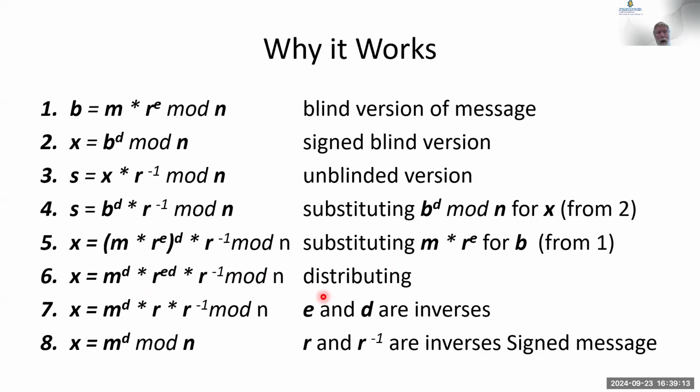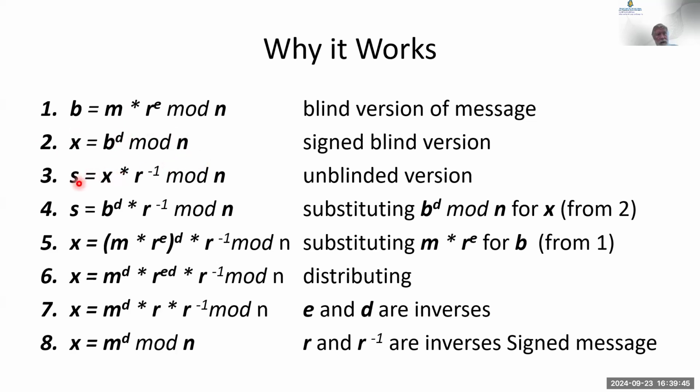How does this work? Real quickly, we'll go through this. This will not be on the test, but sometimes it's interesting to see how they did this. Pretty clever, I thought. Okay, the blind version is B = M times R to the E mod N. The signed version is B raised to D. So you do this, then you give it to the person who's going to sign it, and then they sign it with the private key.